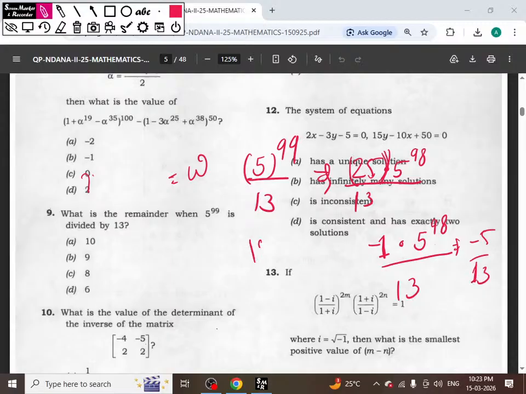Simply 13 minus 5. So the answer will be option C. Very easy.